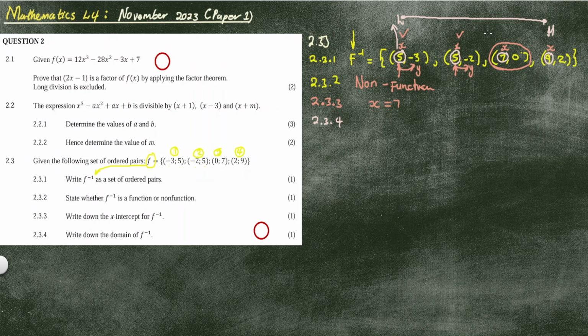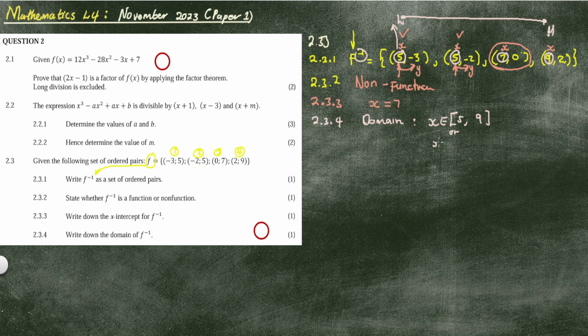So the domain is the set of all possible x values. In these ordered pairs for the inverse function, it starts from 5 to 9. But the 5 and the 9 are included, so I'm going to use a square bracket. So it's going to be x is an element of [5, 9].